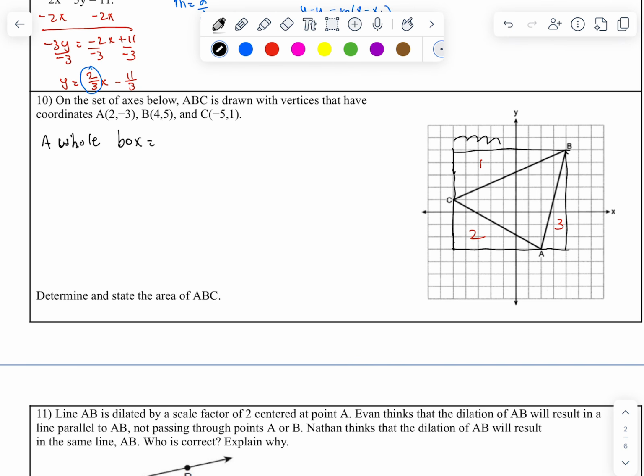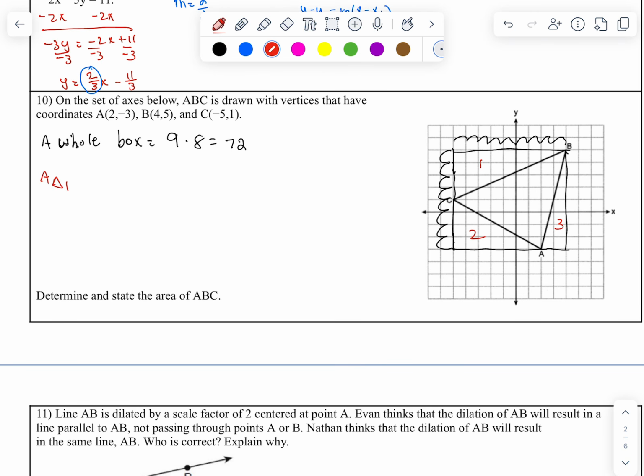1, 2, 3, 4, 5, 6, 7, 8, 9. 1, 2, 3, 4, 5, 6, 7, 8. 9 times 8 would be the area of the whole box, which would be 72. And now I'm going to find the area of the right triangle.